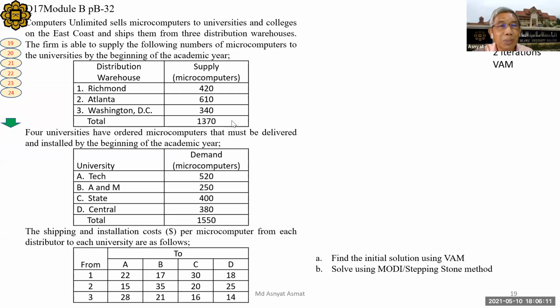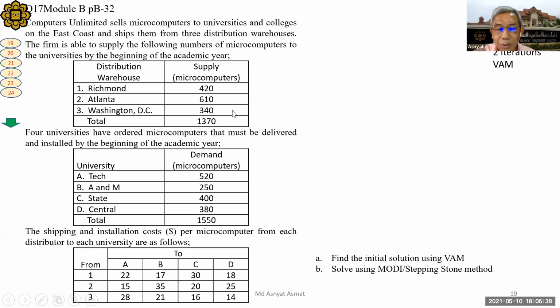What does this mean? Demand is higher. That means unbalanced. Demand is higher than supply, so supply is less. So what do we do? We need a dummy supply.